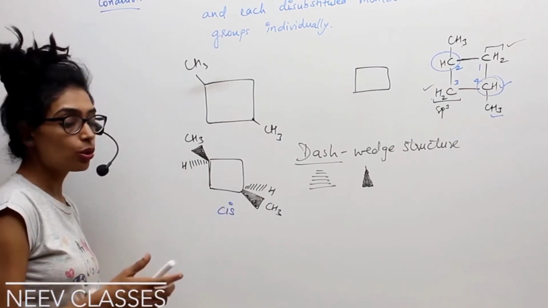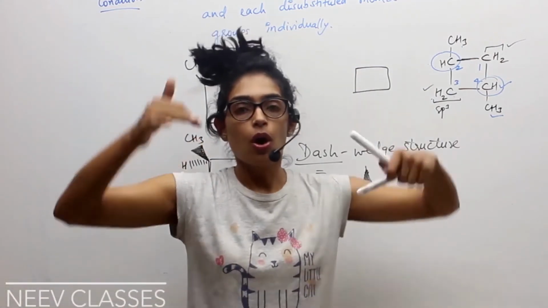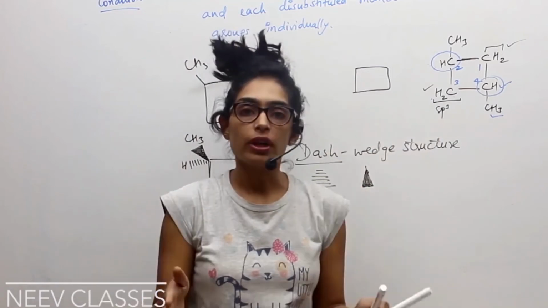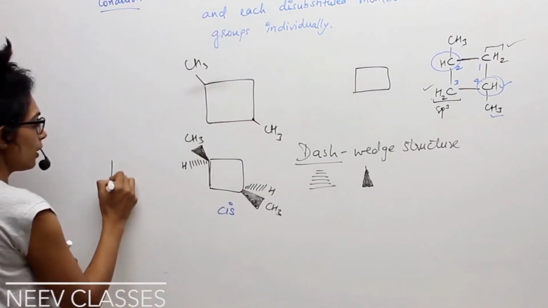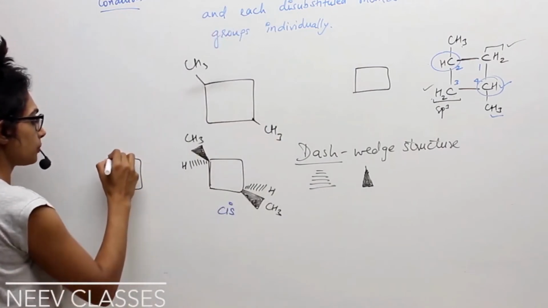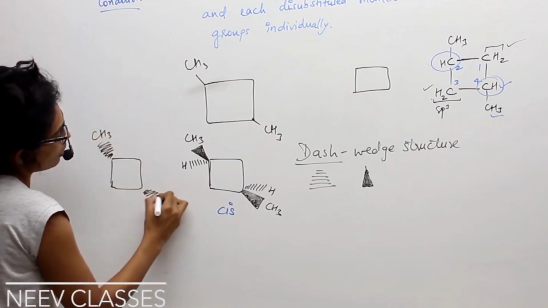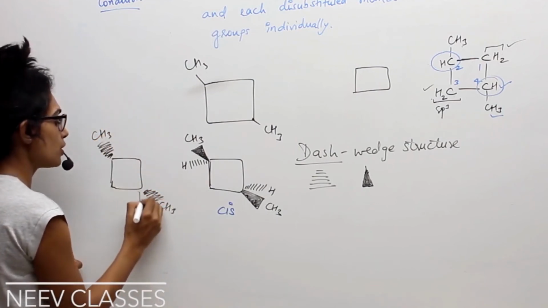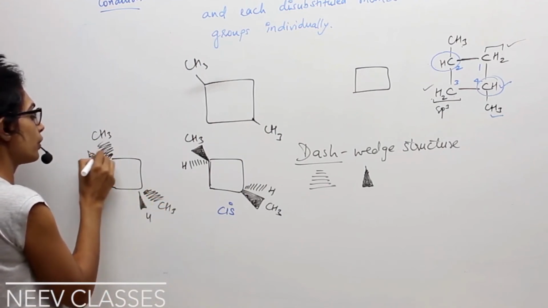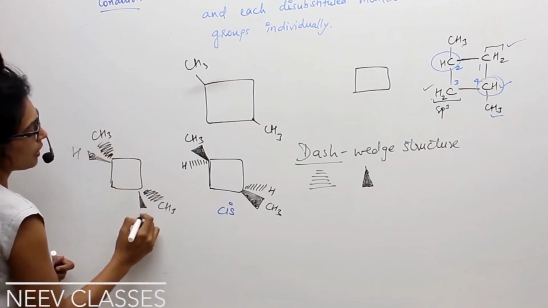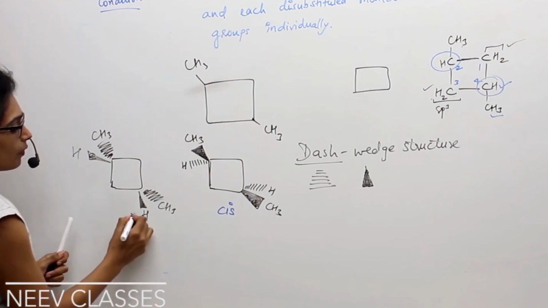I had already shown you this. In cis, both the CH3s will be facing towards the viewer or facing away from the viewer, but whatever the arrangement is, it should be the same for both groups. Even if I form this kind of molecule, with dashed CH3 over here and dashed CH3 over here, and wedge for hydrogen over here and wedge for hydrogen over here, this arrangement will also be called cis.